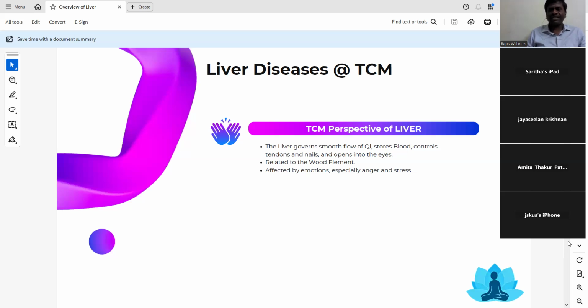If any chi stagnation is there, normally we take the protocol of 4 gates, liver 3 and large intestine 4, to move, to push, to disperse the chi, so that the stagnation will not be there. So the liver governs the flow of chi, and the liver stores the blood. It controls the tendons and nails, and we all know that it opens into the eyes.